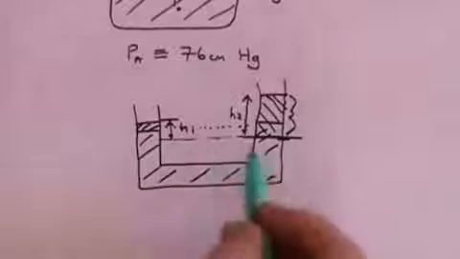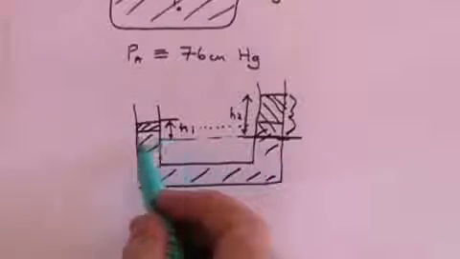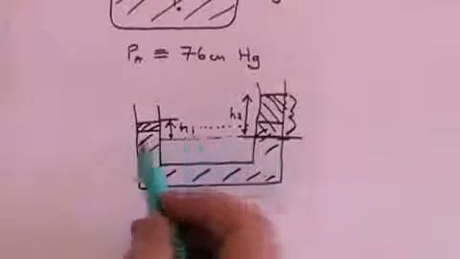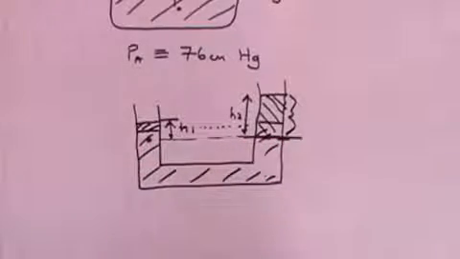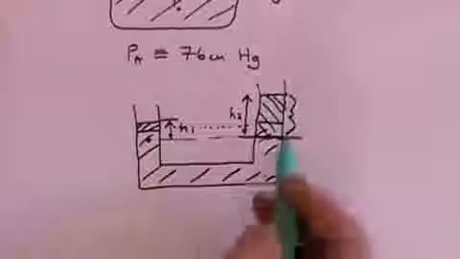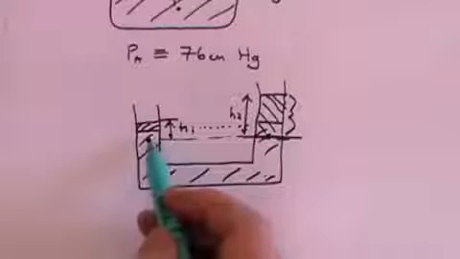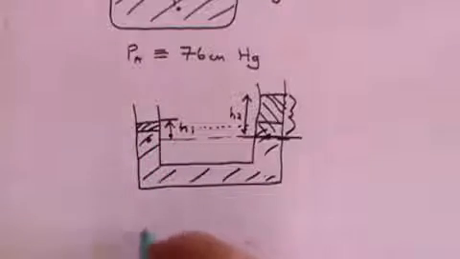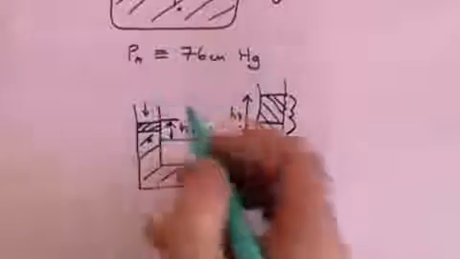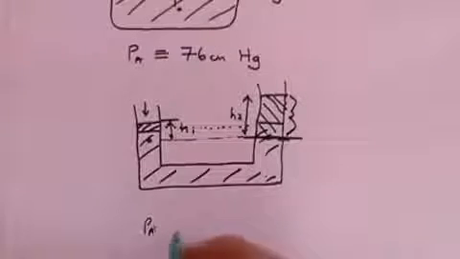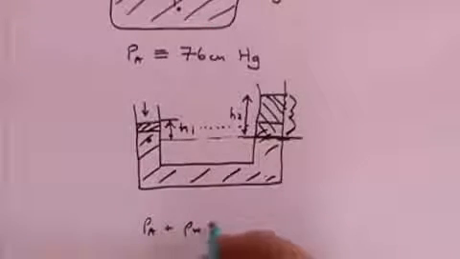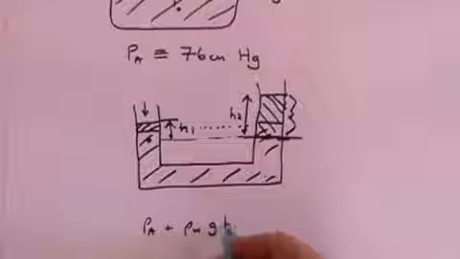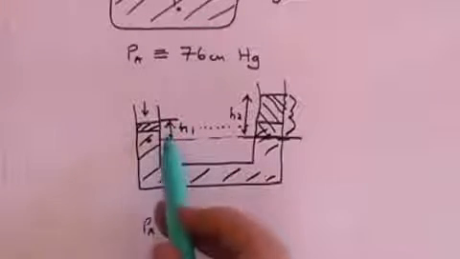Now, I said earlier that the pressure at the same depth will be the same. So the pressure at that point and the pressure at that point have to be the same. But what is the pressure at these two respective points? Well, at this point, it is the pressure of the atmosphere, because there will be an atmospheric pressure bearing down, plus the density of water times g times the height of the water, which is H1.